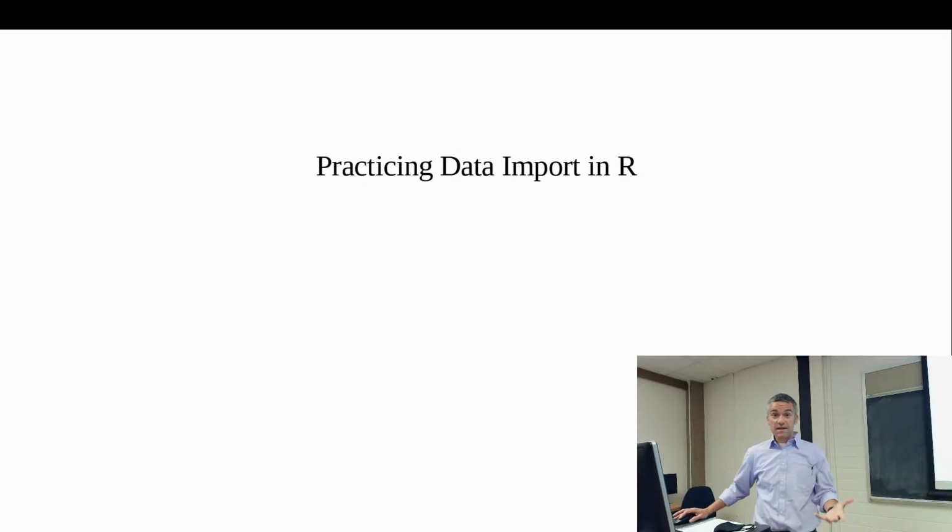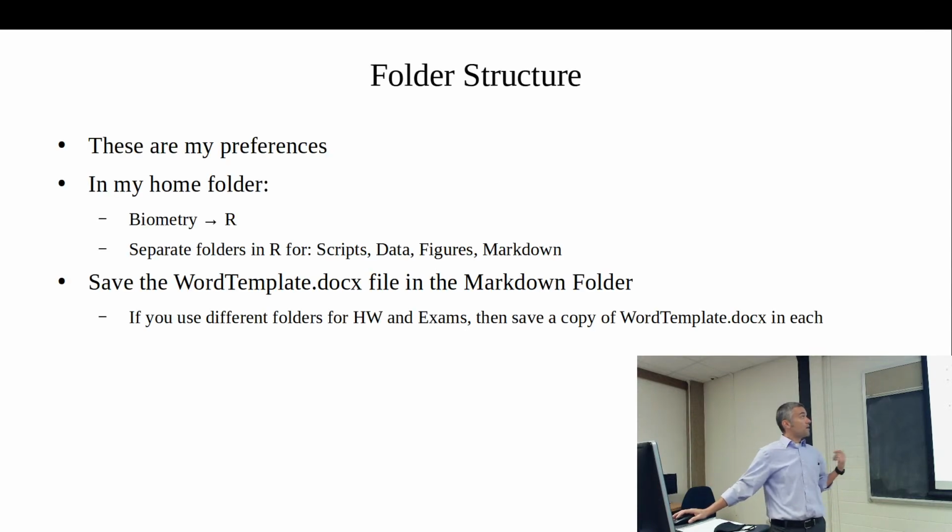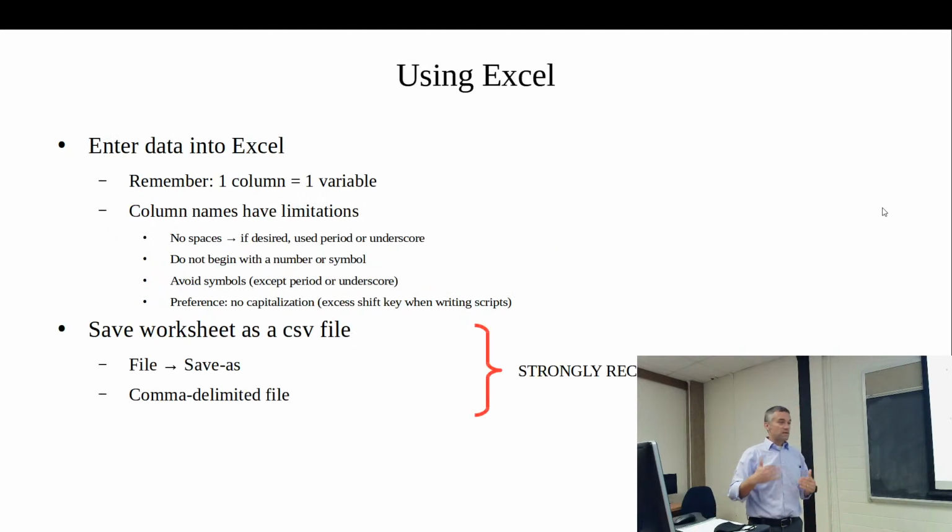All right, practicing data import in R. This would have been the natural progression. I think what we had done in the past is we made it through the R stuff, made it through that last lecture, and then in the lab component, we did practicing data import in R, which told you a little bit more about the folder structure that I talked about, having this Word template in the correct place, which we've already gone over.